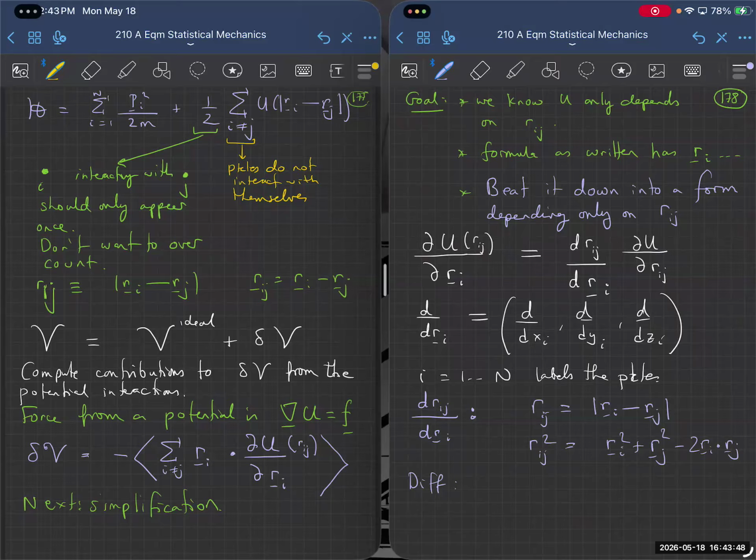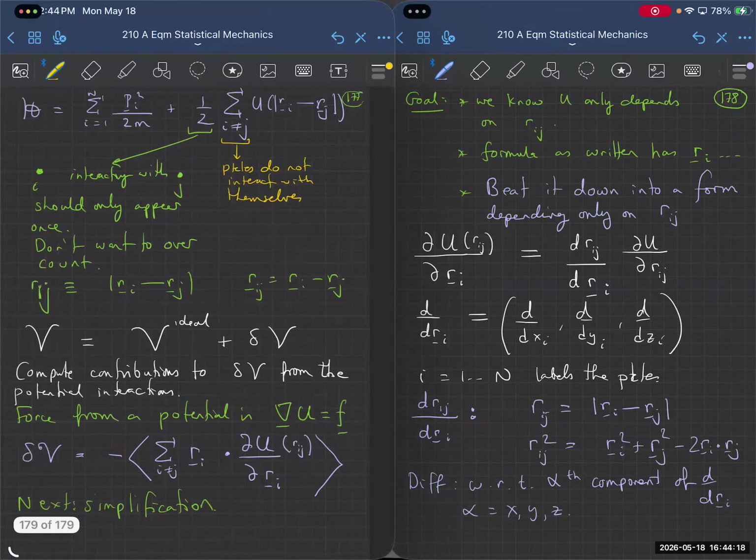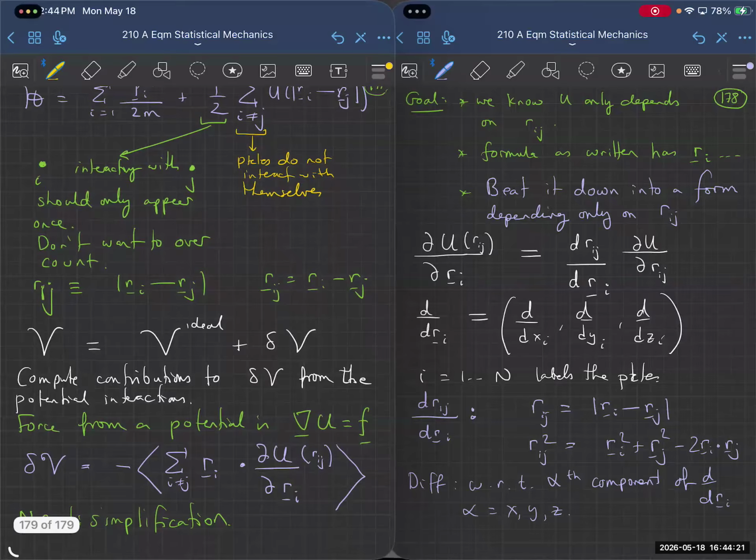with respect to the alphath component of d by dRi. And here alpha can be either x or y or z. So I'm going to differentiate with respect to that. So let's go ahead and do that.